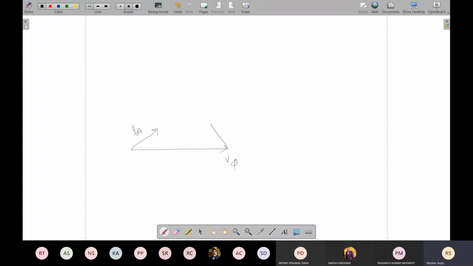So your J axis IA is something like this here. And as we know, EA is nothing but V phi plus J axis IA. So we can draw it from here to here. And this one is J axis IA and this one is EA.